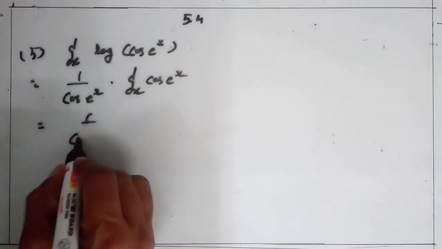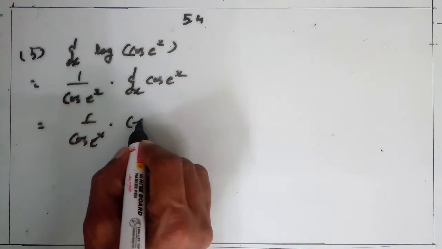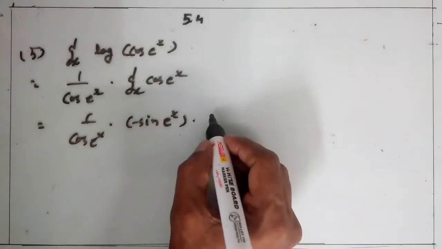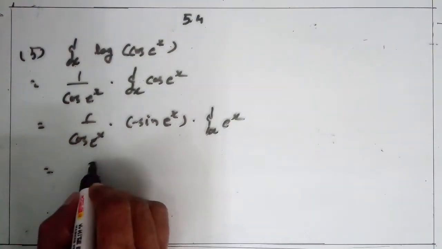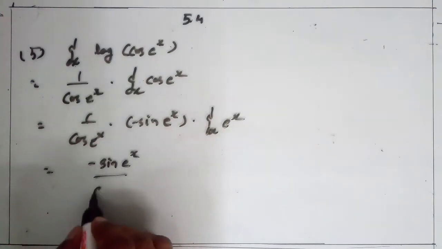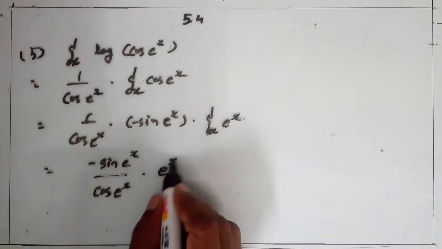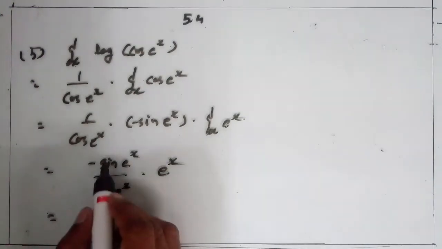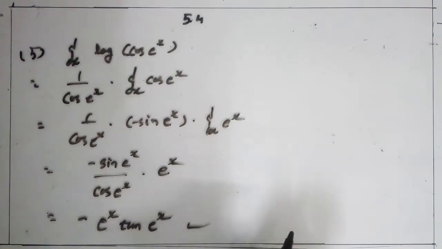So 1 upon cos e^x into the derivative of cos, which is minus sin e^x, into the inner second function, d/dx of e^x. So it is equal to minus sin e^x upon cos e^x into the derivative of e^x, which is e^x itself. So it is equal to minus e^x, sin upon cos becomes tan e^x. Answer. Clear?